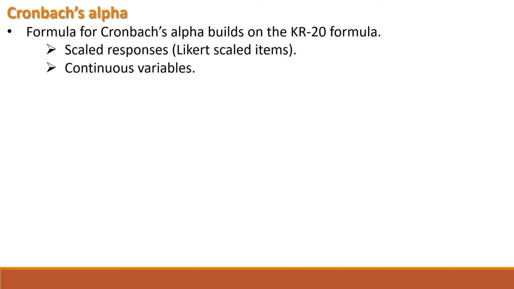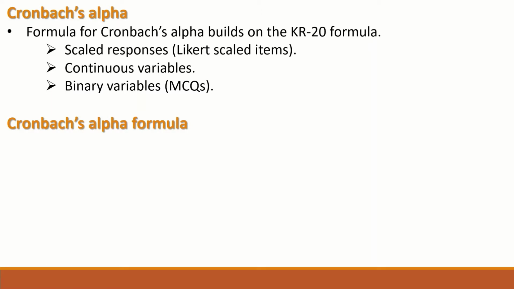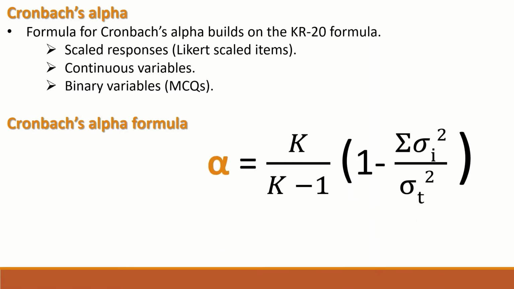It can be used for continuous variables, and it can be used to analyze the reliability of binary variables such as multiple choice questions. Cronbach's alpha formula is: alpha is equal to k divided by k minus 1, multiplied by 1 minus the summation of the variances for each individual item divided by the variance for the total score.